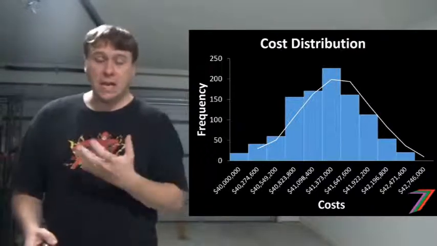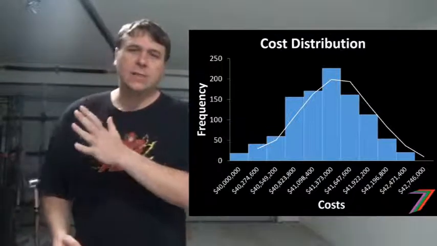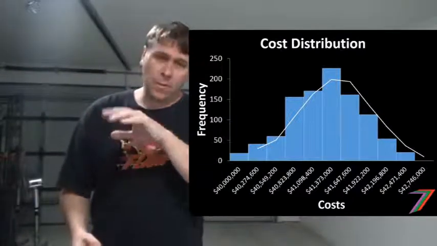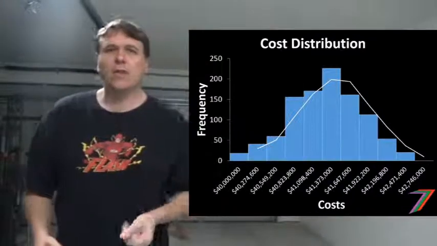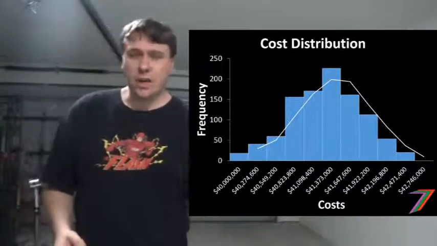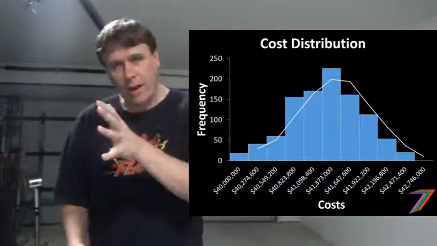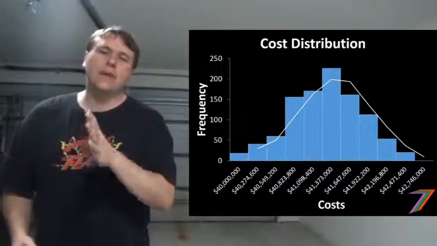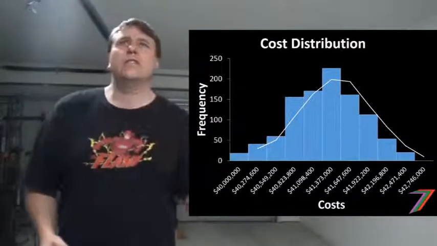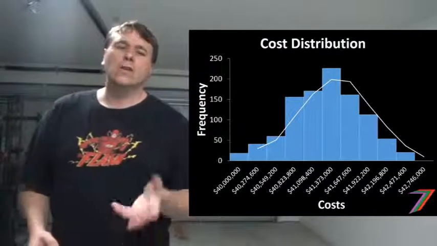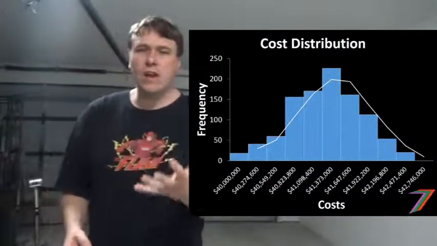A P90 value means approximately 90% of the time your costs are going to be below that value. P10 would be 90% of the time your costs are going to be above that value. And then you have the P50, which is smack in the middle. So there's a 50-50 chance your costs are going to be above, and 50% chance they're going to be below, more or less, if it's done accurately.